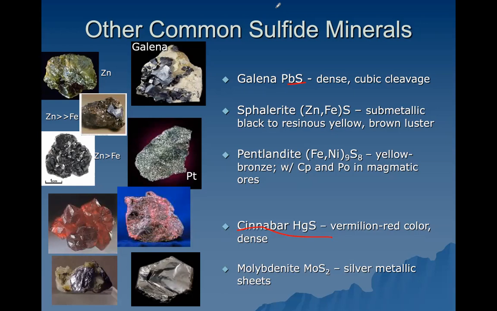It has a metallic luster with silver and ash color. So it's molybdenite. Some people get confused and mistake molybdenite for graphite, because in appearance, in some cases, both look similar, right? But it's a different thing. Molybdenite is molybdenum sulfide.